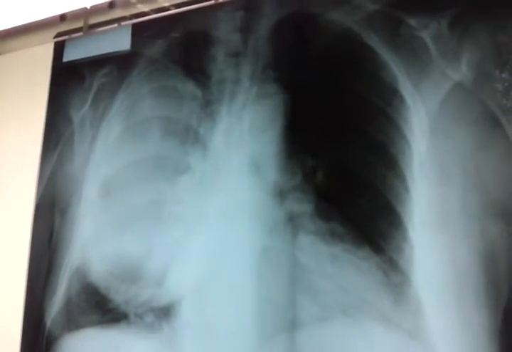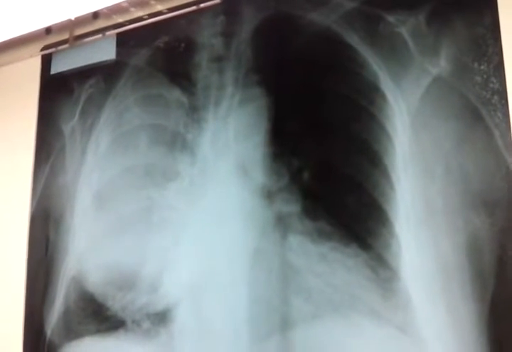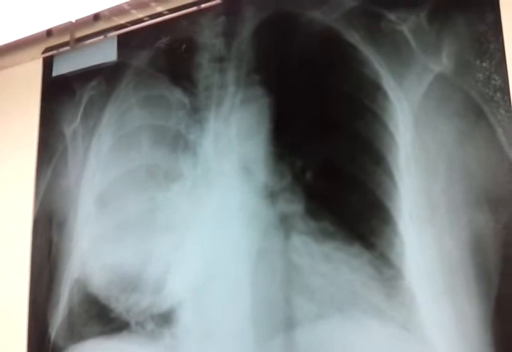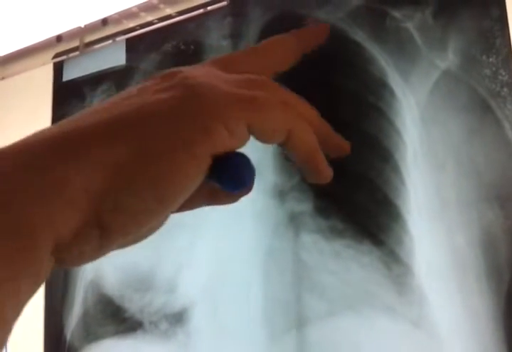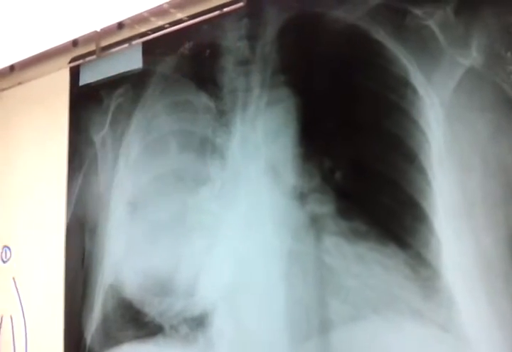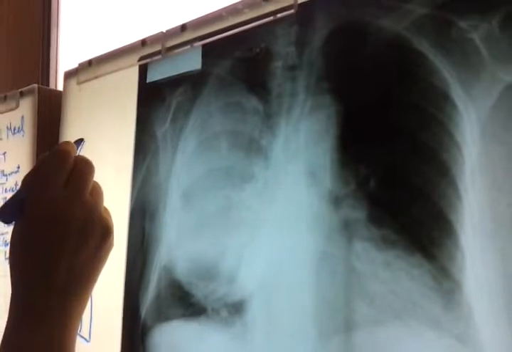Probably this is a hydatid, we don't know. Actually, the typical site of hydatid is usually in the lower zone and mid zone. Rarely you find hydatid in the upper zone, and the typical site of hydatid is between the lobes.